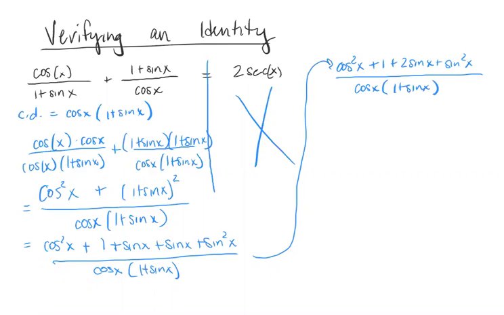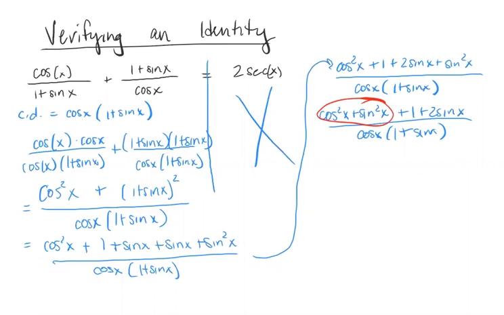And then I am going to rewrite this where I have cosine squared x plus sine squared x plus 1 plus 2 sine x over my denominator. This gets tedious to write all of this, but you have to keep track of everything that's going on. Now, this is the Pythagorean identity, that cosine squared x plus sine squared x is equal to 1.